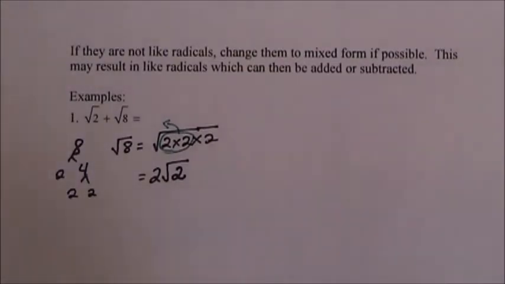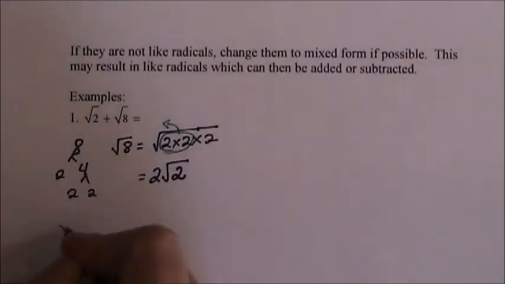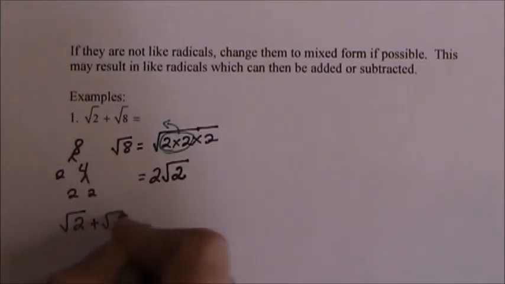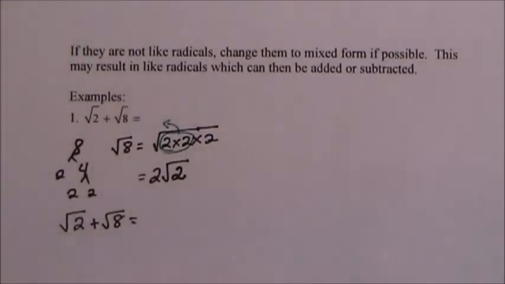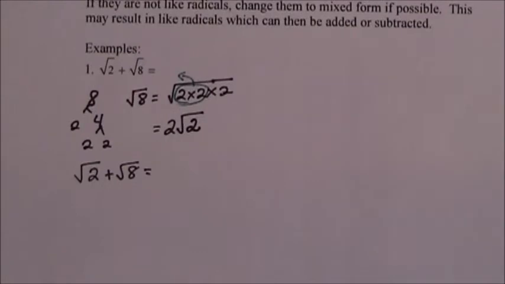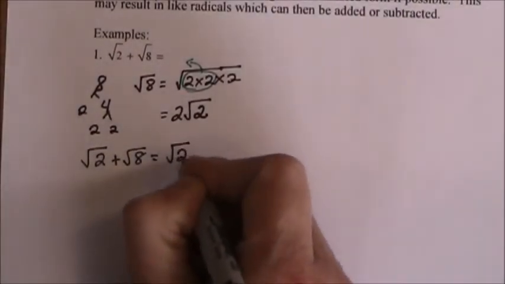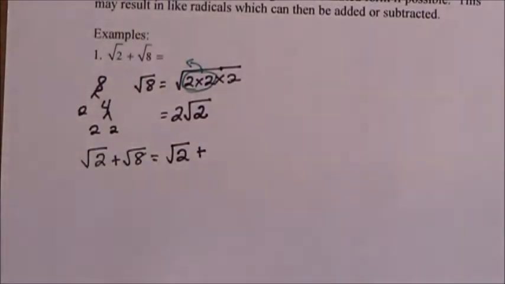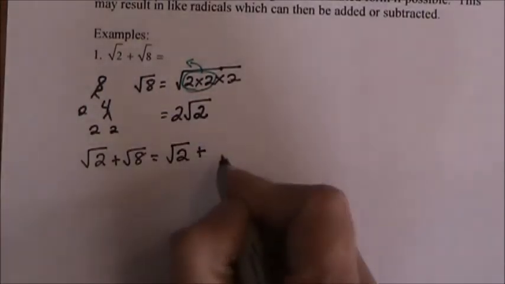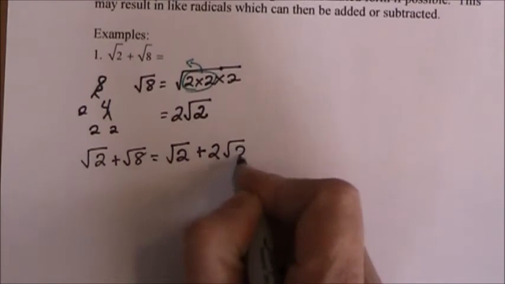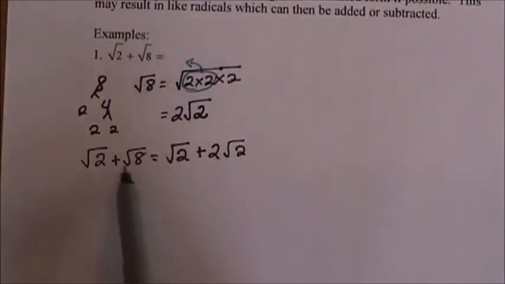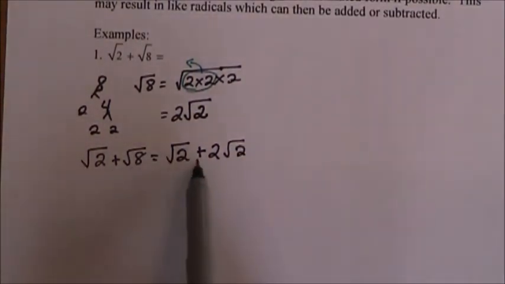So if we go back to our original question, we had square root of 2 plus square root of 8. When we go to look at that, square root of 2 did not change, so it is still square root 2. But instead of writing square root 8, we can replace it with 2 square root 2. Notice that the sign in front of the square root 8 did not change.